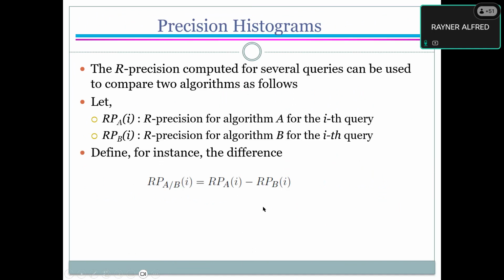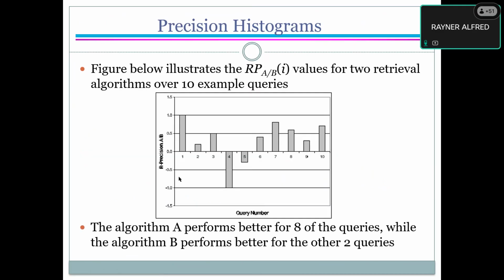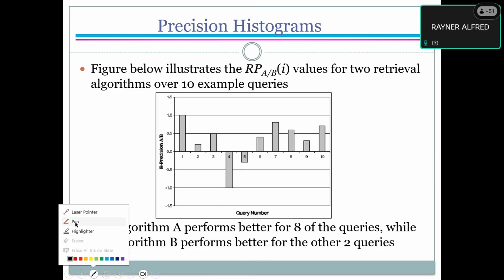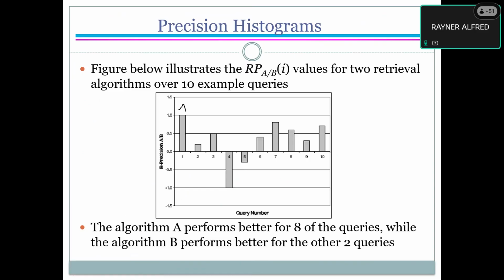Okay. So the graph is more or less like this. For query number 1, B is better. For query number 4, depending on the formula, this is A is better. This is A is better.